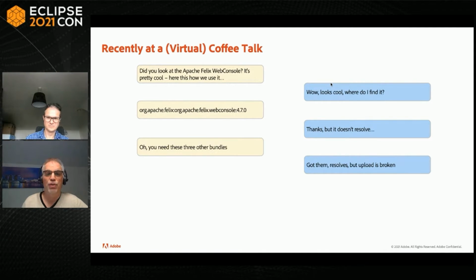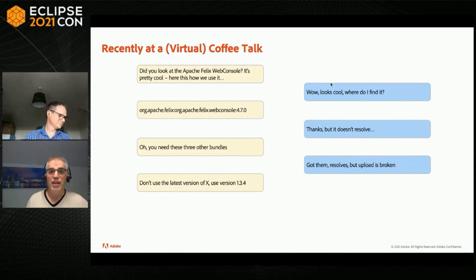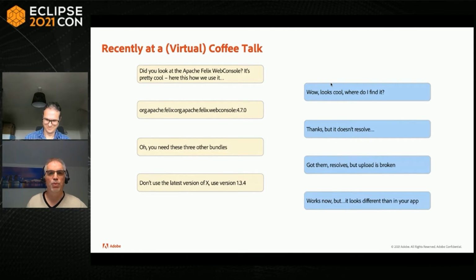Now everything resolves. Most of the stuff seems to work, but actually upload is broken. Oh yeah, I forgot about that one. Don't use the latest version of that library. You have to use this particular version 1.3.4, and then everything will be fine. Okay, great. Works now, upload working fine, but still my application looks pretty different than yours.